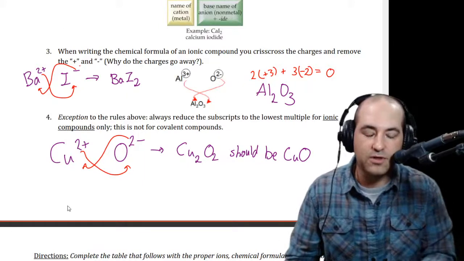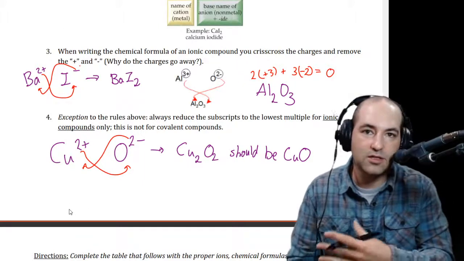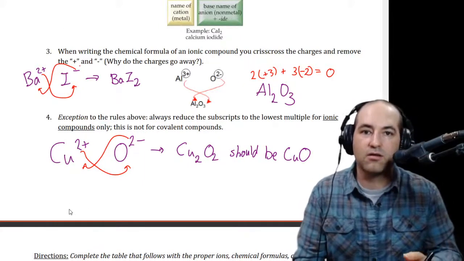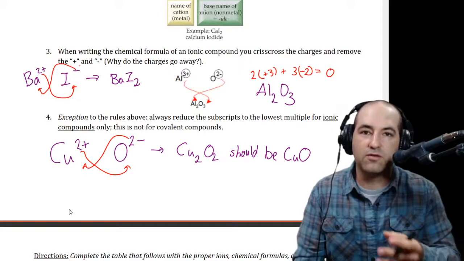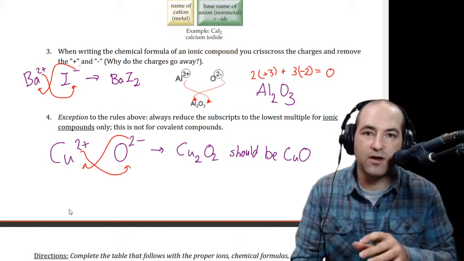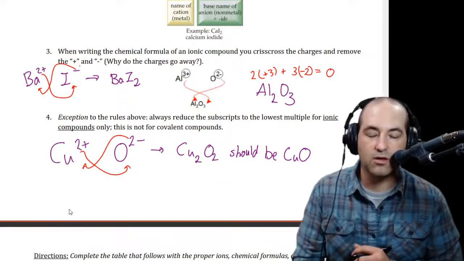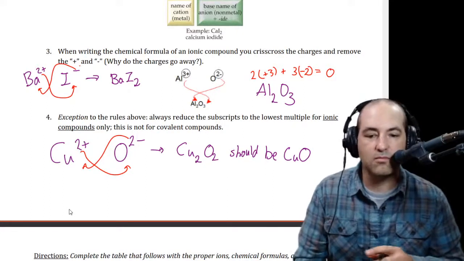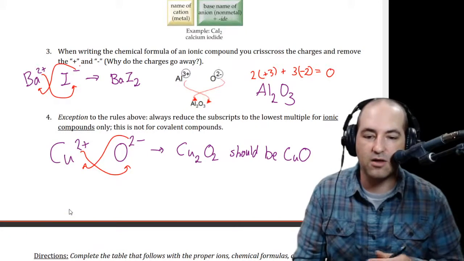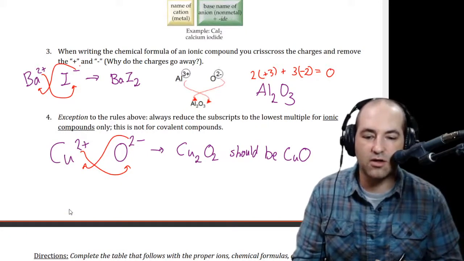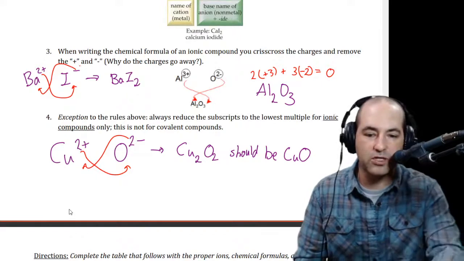This can also come up with 4 plus and 2 minus, where you'd end up with subscripts of 2 and 4 when they should really be 1 and 2. So just watch that. If you have a neutral compound, just make sure that your numbers are reduced to the lowest possible ratio.